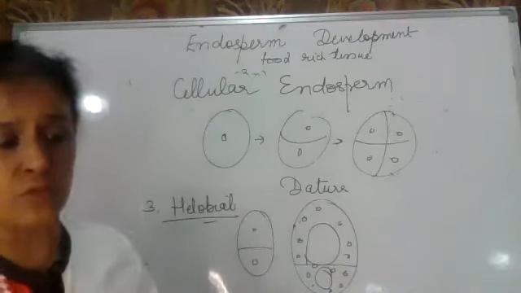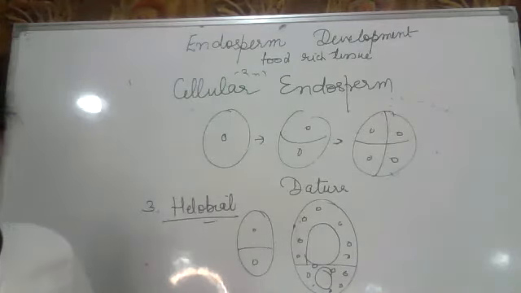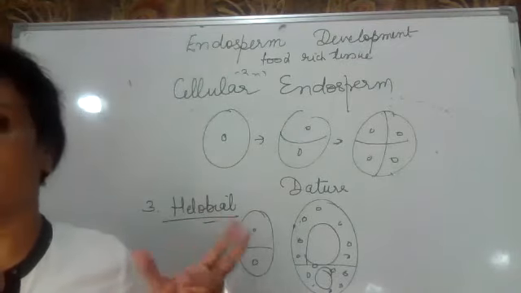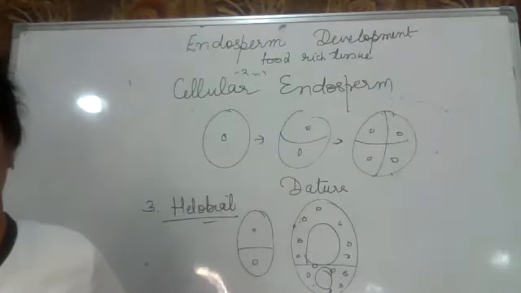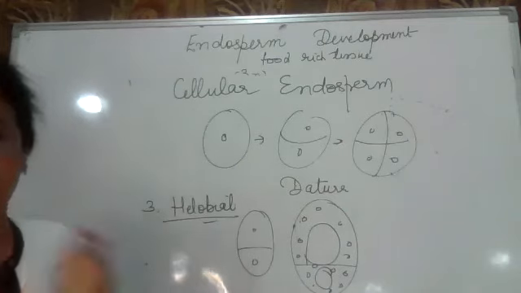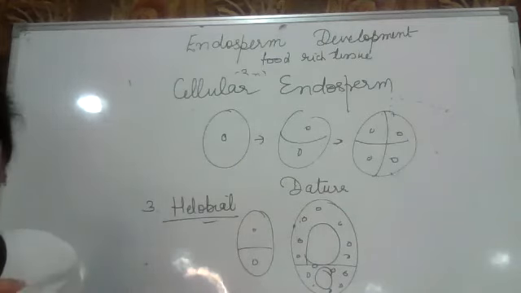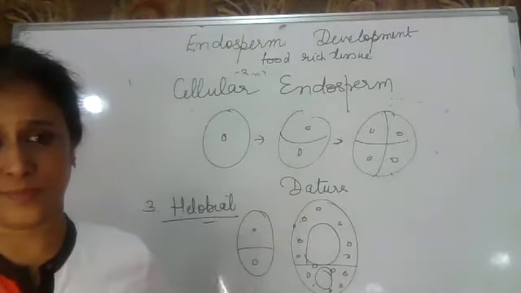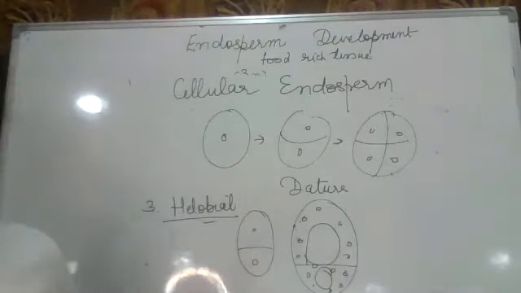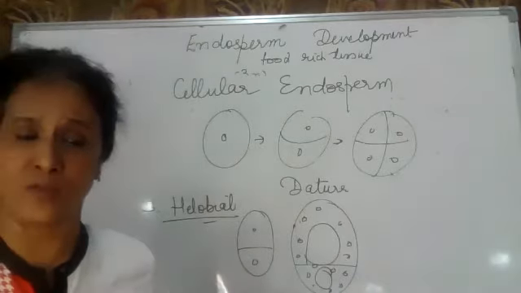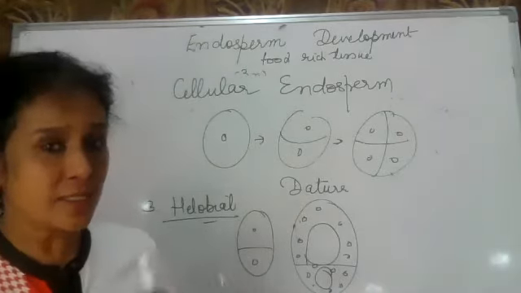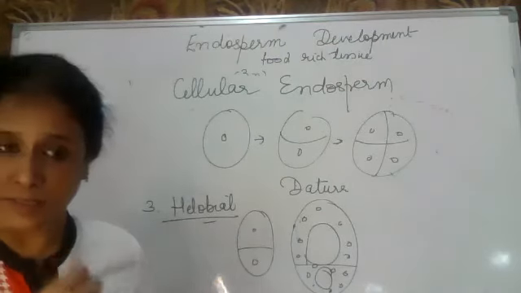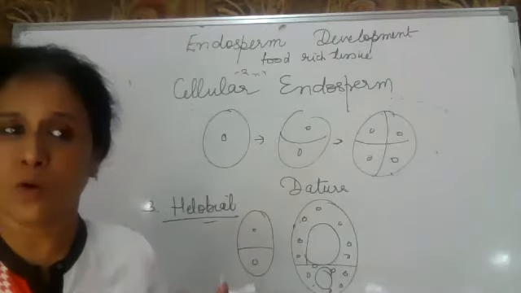There is a very common question in the CBSE exam: what is the difference between the coconut white part, or the coconut kernel, and the coconut water? The coconut kernel is formed by the cellular endosperm, in which complete cell wall formation has occurred. Just now we have done that in nuclear endosperm formation, the cell wall formation occurs at the last. But sometimes there is incomplete cell wall formation, and because of that, we have coconut water.